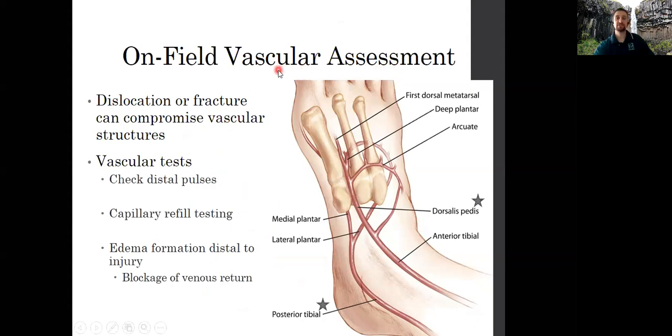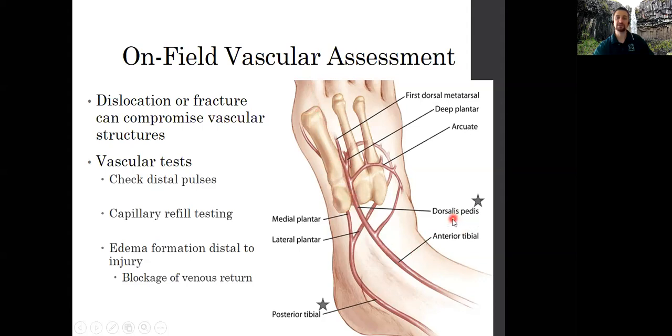Okay, and then there's the vascular assessment, right? So the two most distal pulses we have in the foot, we have the posterior tibial, right? So right behind the medial malleolus. So we'll learn this in chapter 8 and 9. And then the dorsalis pedis is on the top of the foot, right by extensor hallucis longus. So my red cursor is kind of where the extensor hallucis longus tendon is at.